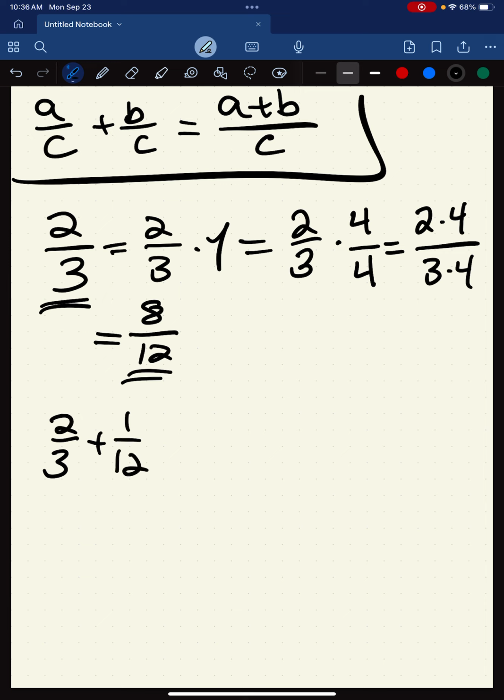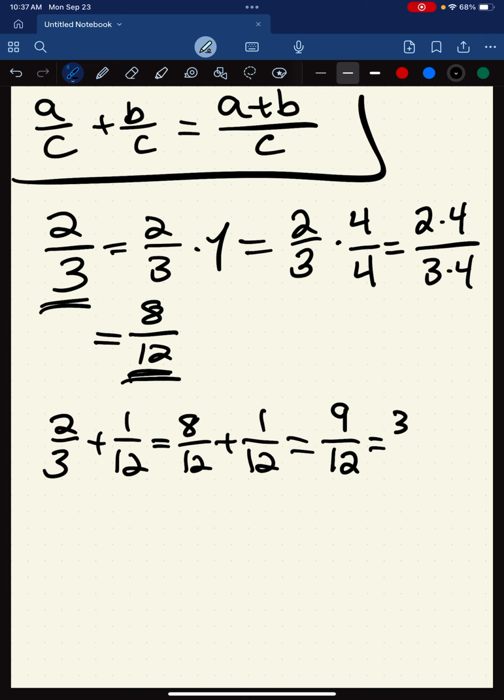Well, we know that we can't add these directly, but what we can do is rewrite 2/3 as 8/12 plus 1/12. And now we can add these just as before, which is 9 over 12. 9 is 3 times 3, 12 is 3 times 4. We can divide out one of the 3's, and we're left with 3/4.